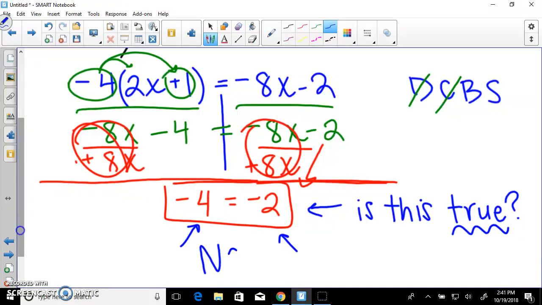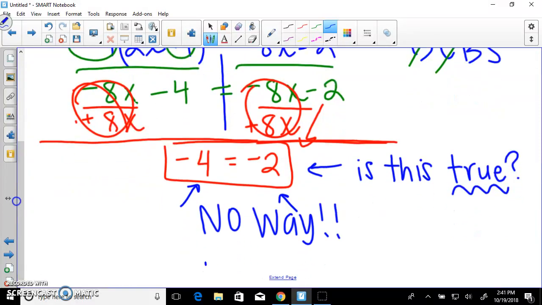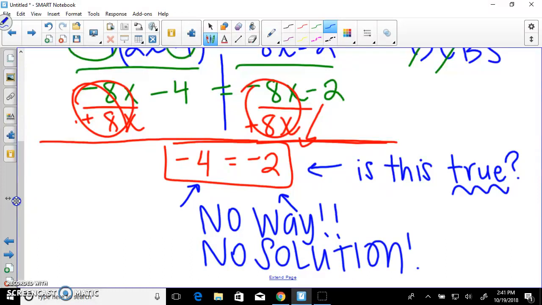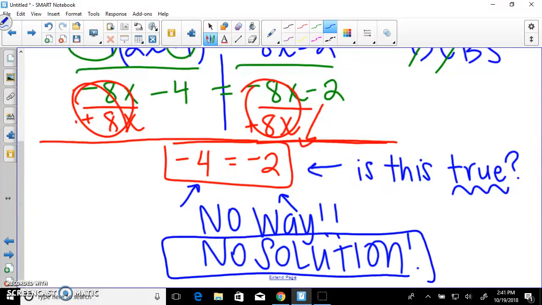No way. It's not true. So this is what we would call no solution. So your answer is really no solution. We're not even going to write that as the answer. The answer is no solution.